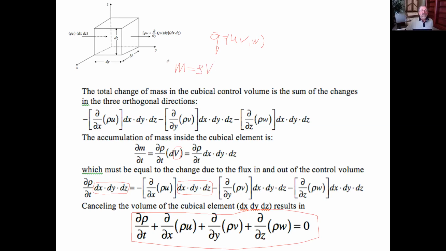If there is any change in time, then I say d over dt, and I put the d over dt over here as well. Then I say the volume is constant. So the only poor guy that we can apply the derivative to is the density. Oh, okay. I see.